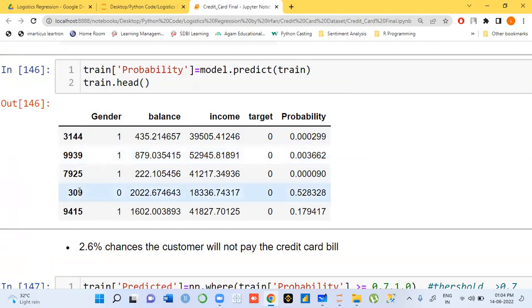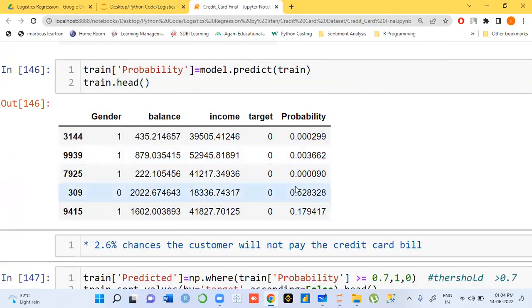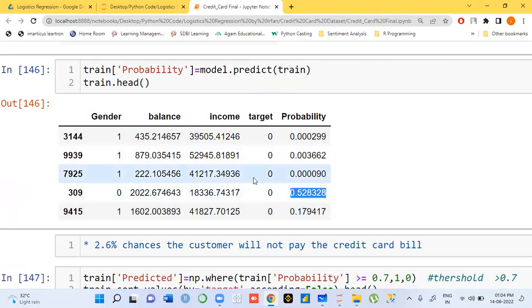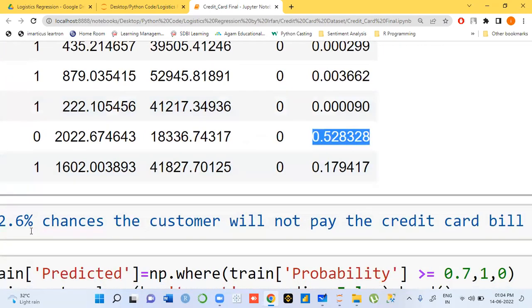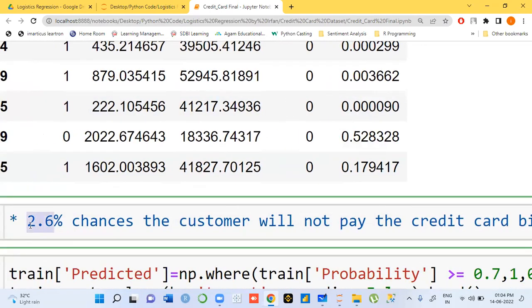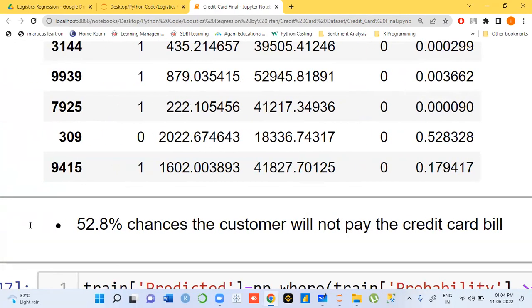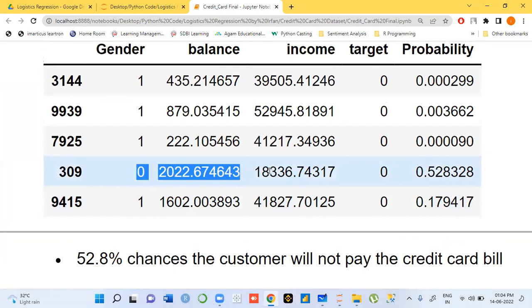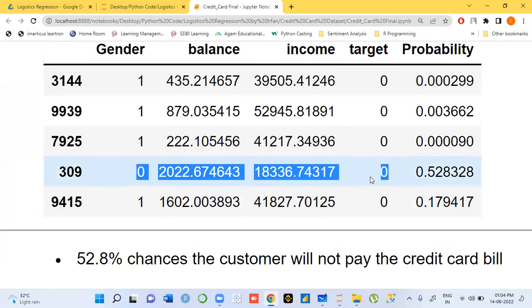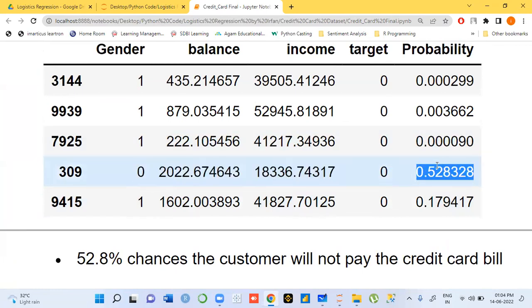Now, guys, how to read this case? How to read the answer? Interpretation: how much percent? 52.8% chance the customer will not pay the credit card bill. Customer number 4: 52% chance the customer will not pay the credit card bill.